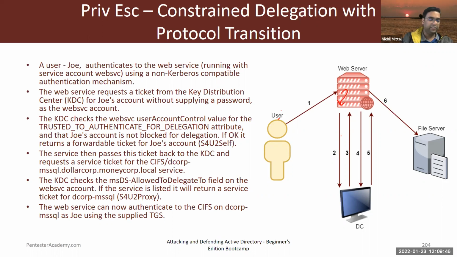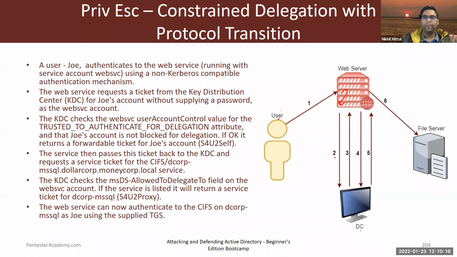The web service requests a ticket from the KDC for the user's account without supplying a password. Listen to it slowly and carefully. The web service account requests a forwardable ticket from the DC without supplying a password.